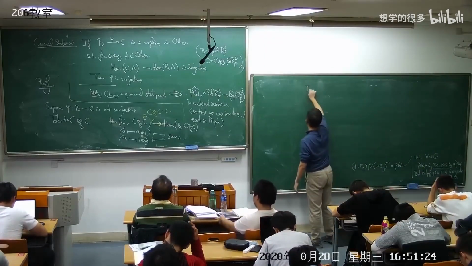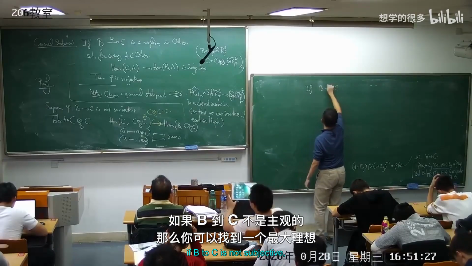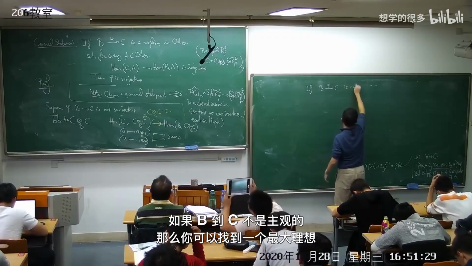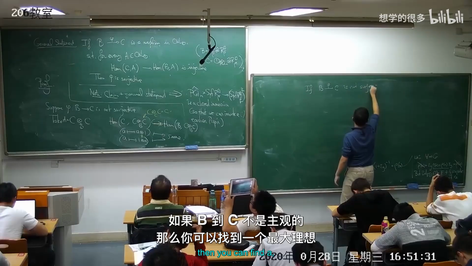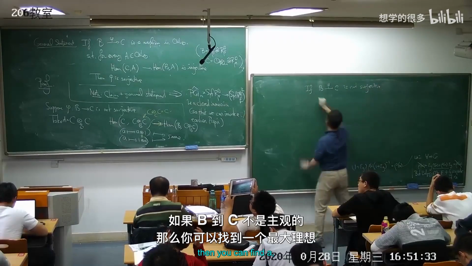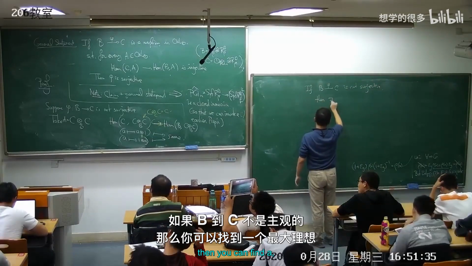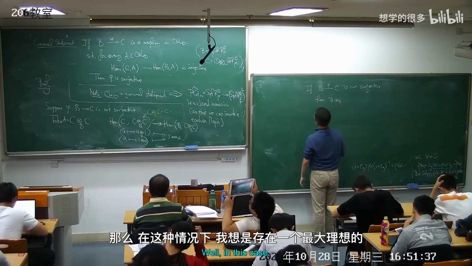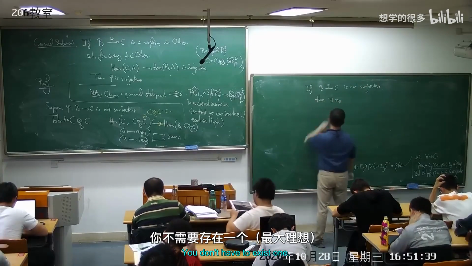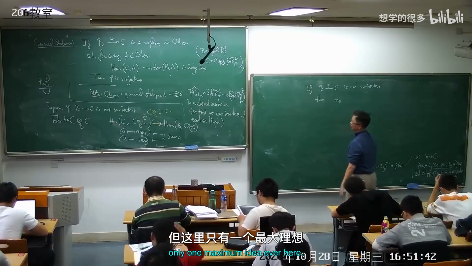So if B to C is not surjective, then you can find a maximal ideal. In this case, there's only one maximal ideal.